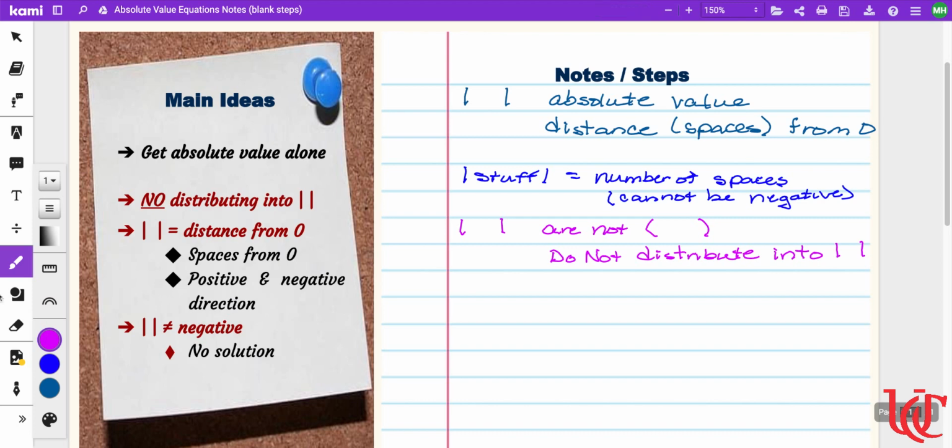Now, in general, when we're talking absolute value equations, we're going to solve similar to how we solve equations. The general rules are: one, get the absolute value alone.